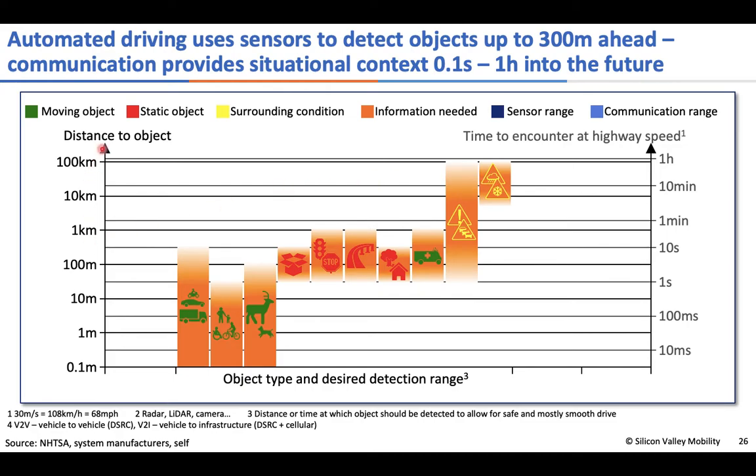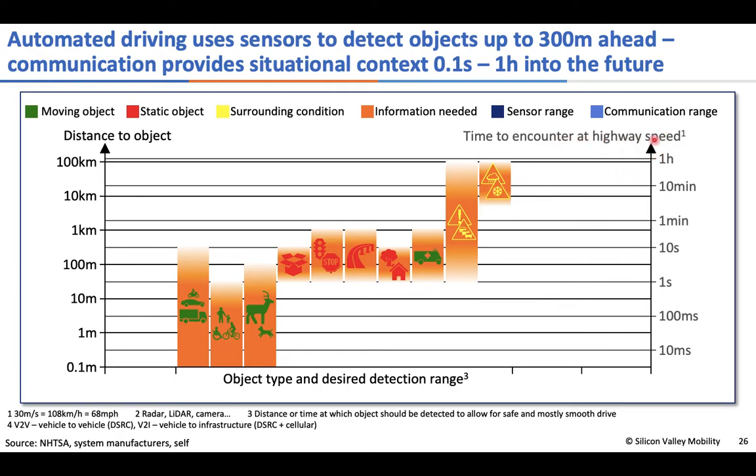And you can tell here the distance at which you might want to know that something is out there. Another vehicle, 1 to 50, maybe 100 meters, something like this. Same with animals. Pedestrians are slower, so the distance is not that long. Weather, for instance, well, if you know that in 50 kilometers there's going to be icy roads, that's still early enough.